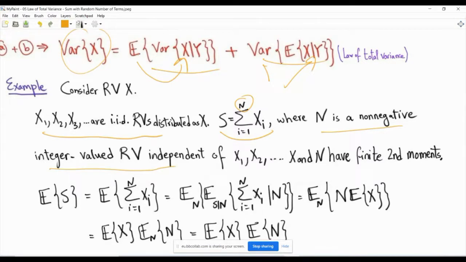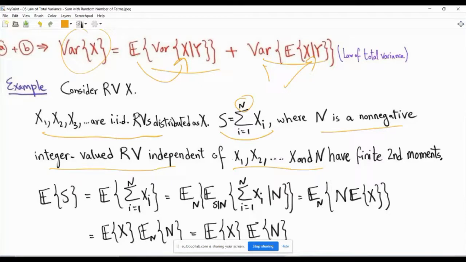And for simplicity, let's take that this is independent of the x's, and that every x has a finite second moment. Okay? So this is a situation that is perhaps new to some of you: you are summing random variables, but you don't have 3 of them or 4 of them. You have N of them, and N is itself a random variable.